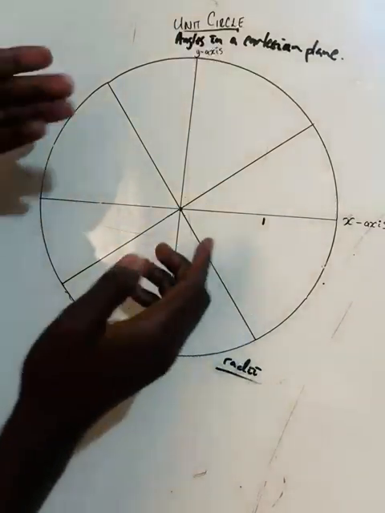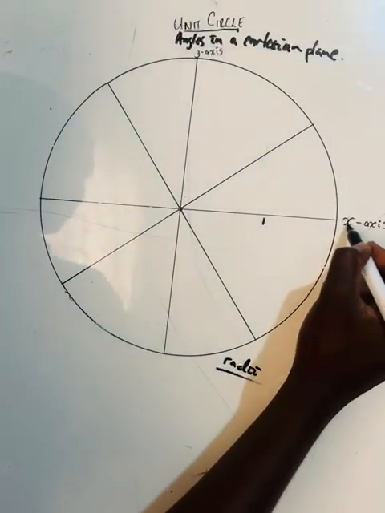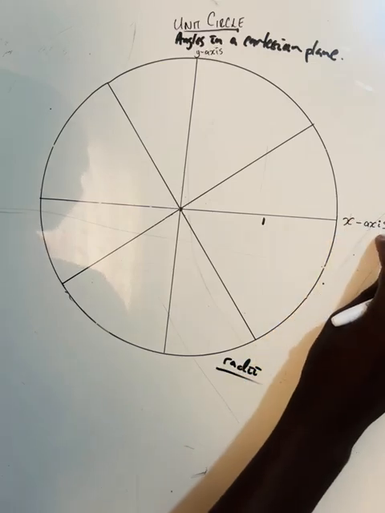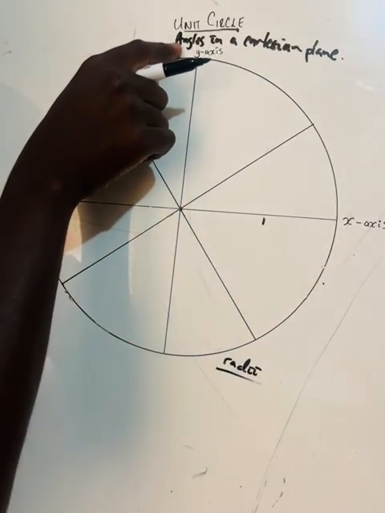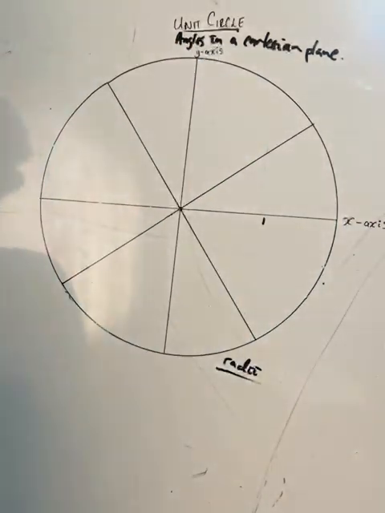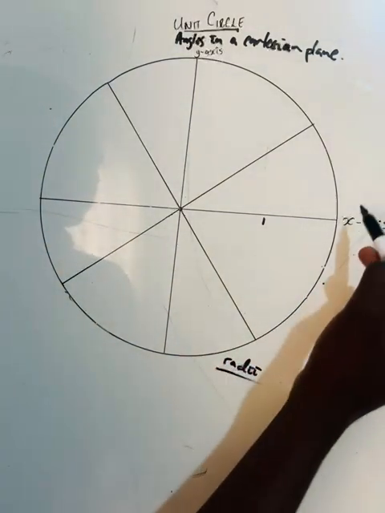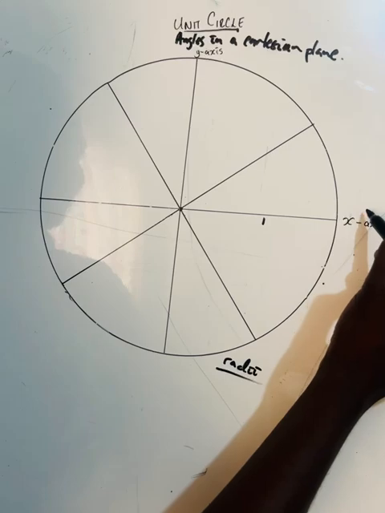Now, from where I have labeled the x-axis to where I have labeled the y-axis, if we are talking about degrees, we count them in what we call the anti-clockwise direction.